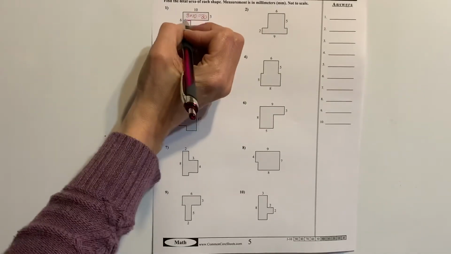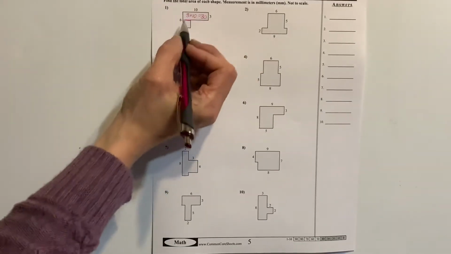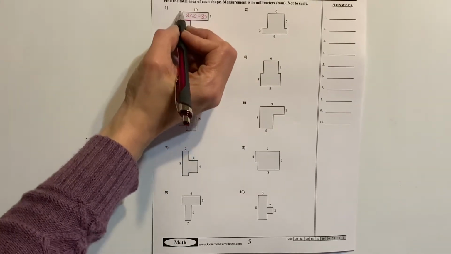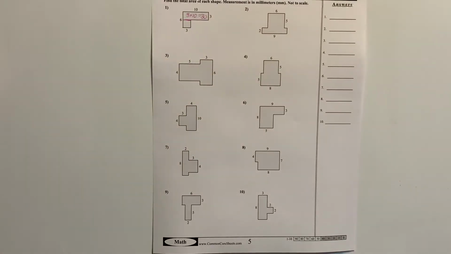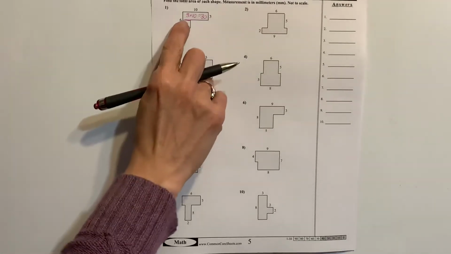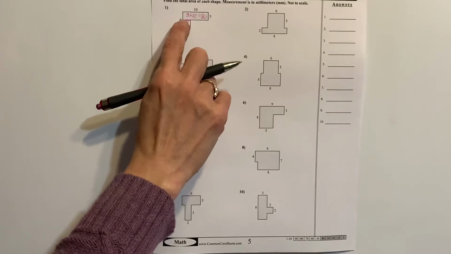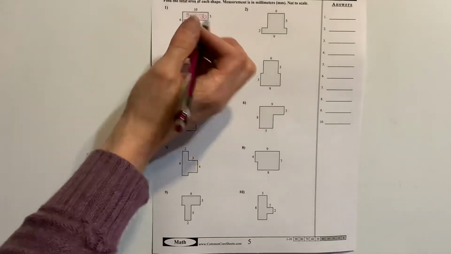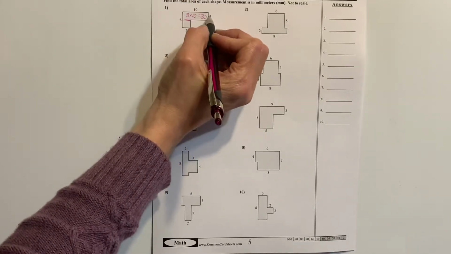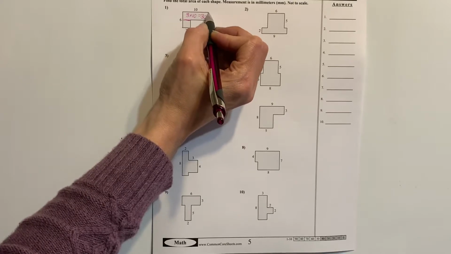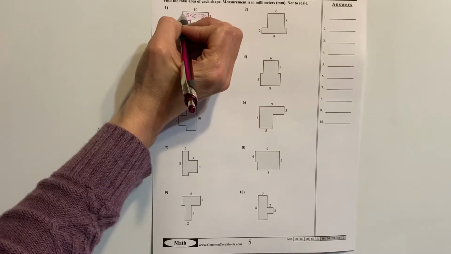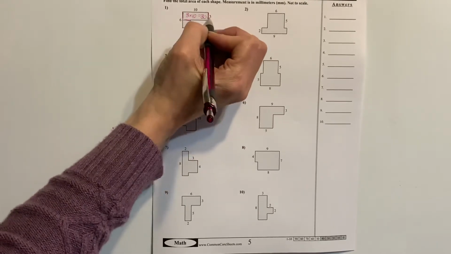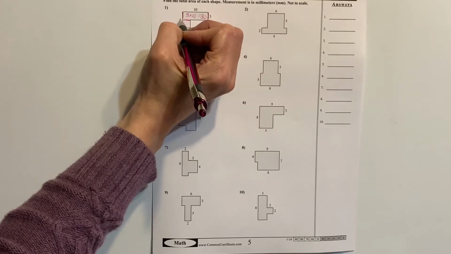Now here at the bottom, I know I have a width of 3, and I know this whole side is 6. But I need to know this piece of this side, because I'm cutting that part off. Since this is a rectangle, this line right here is going to be the same length as this line. So this one is 3, this one is 3.